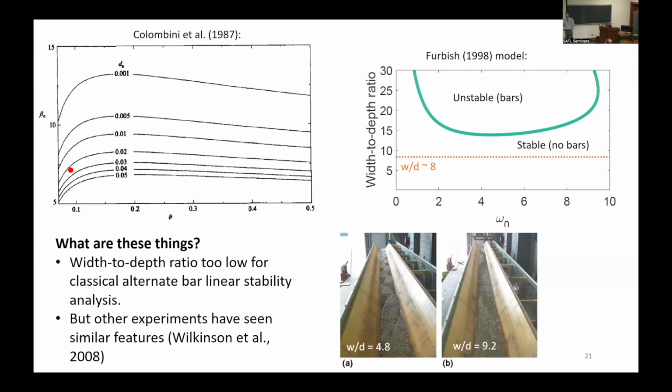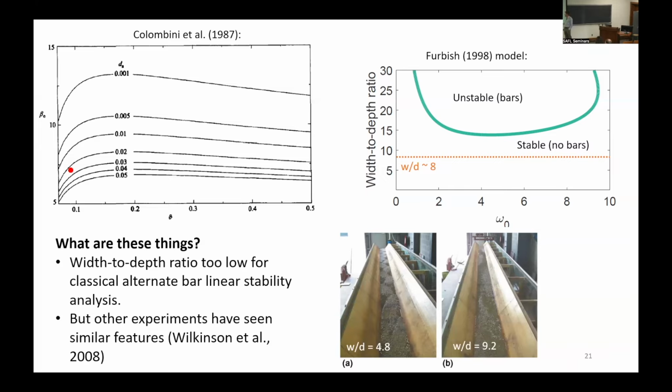This has been borne out through the Italian-style stability analyses that perturb the bed and try to see under what conditions those perturbations will grow and form alternate bars. This is a Dave Furbish version of one of those that I plugged our numbers into, and it would suggest that we need a width-to-depth ratio of at least 15 to get bars for our conditions, but we had a width-to-depth ratio of 8.